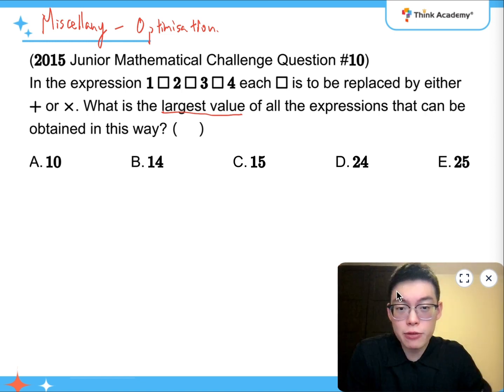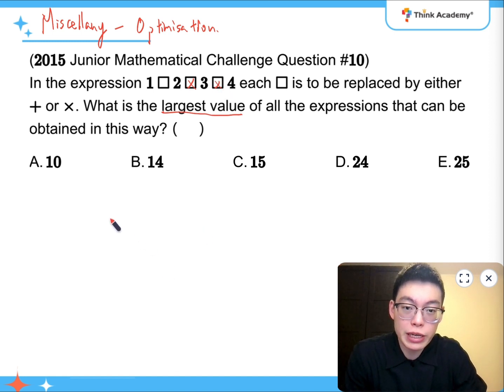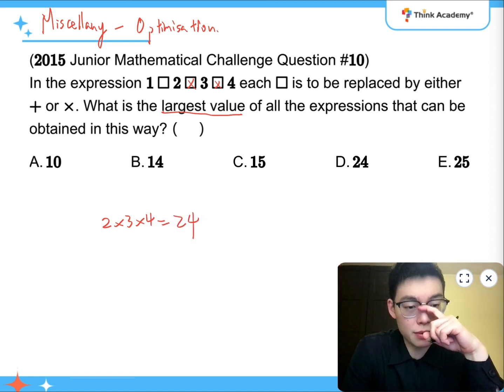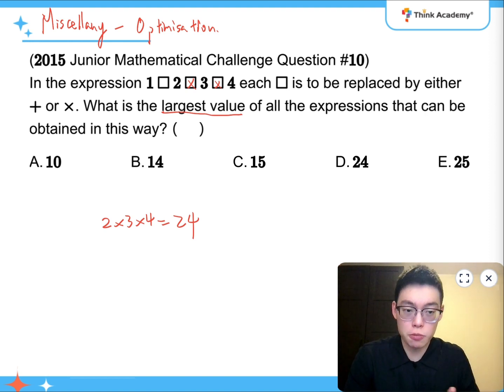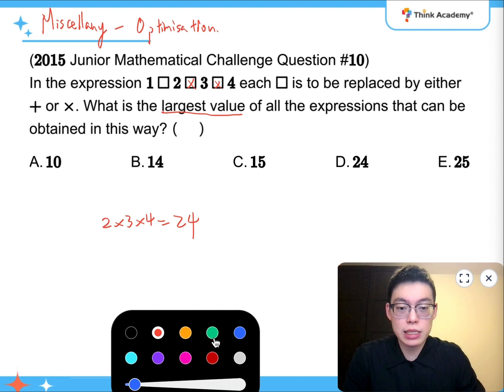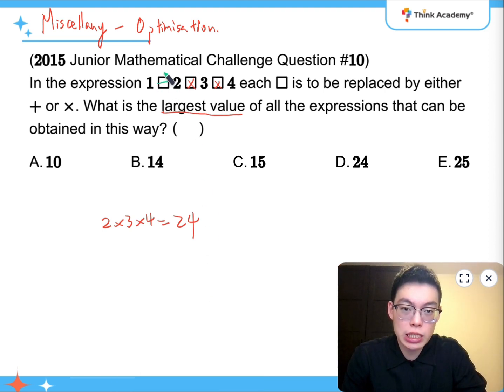So that's the reason why we are leaving the 1 out, finding the multiple of 2, 3, 4 first. And 2 times 3 times 4 is going to be 24. So if we are just multiplying that to 1, it's going to be the same. But now we want to make it as large as possible. So instead of multiplying 1, we need to add 1 there.